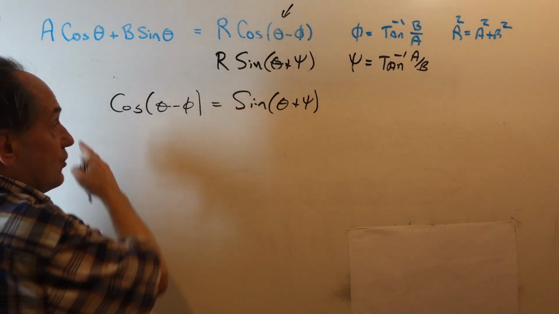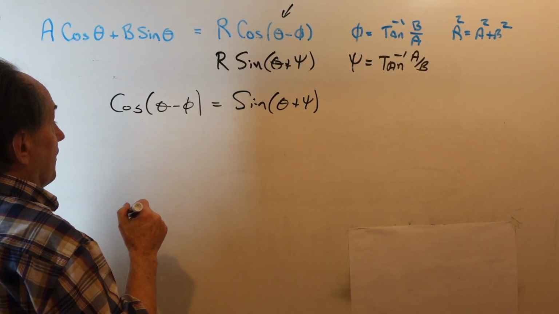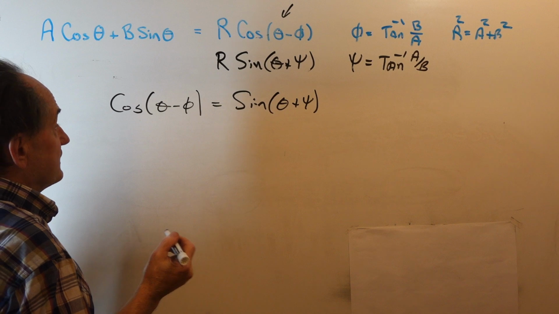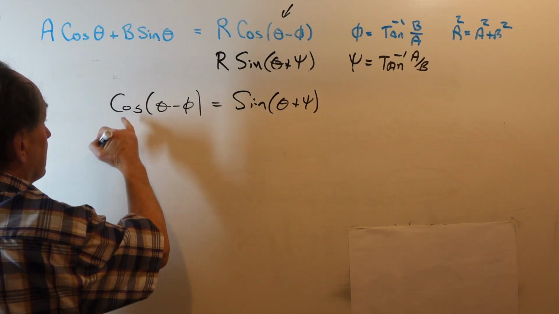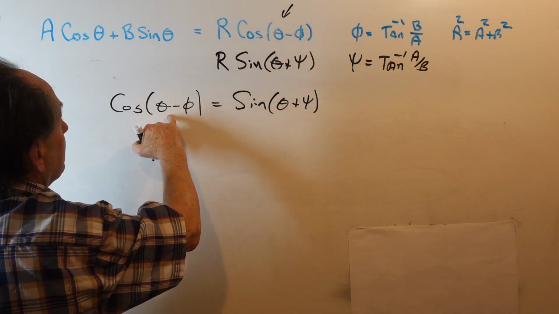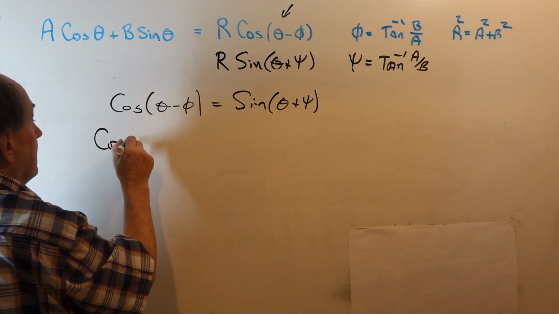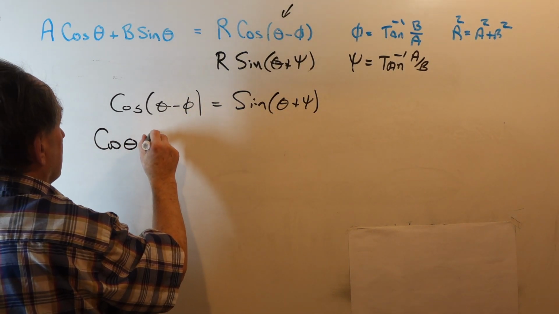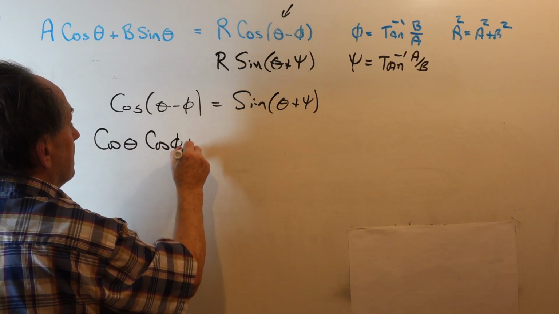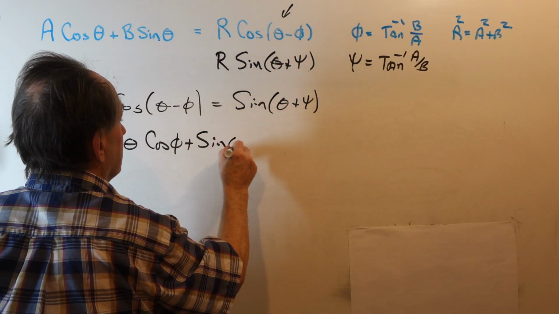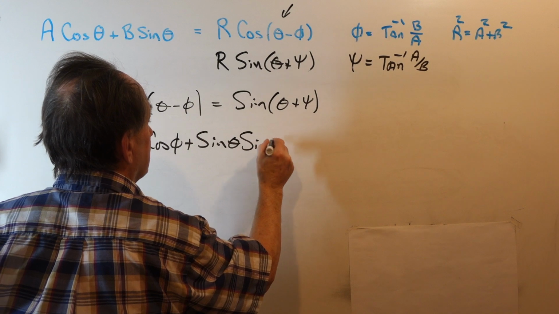Well, we can use the expansion formula for sum and difference angles on sine and cosine. The cosine of theta minus phi would be the cosine of theta times the cosine of phi plus the sine of theta times the sine of phi.